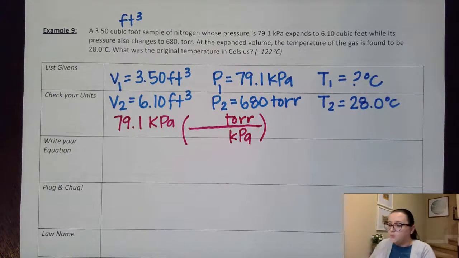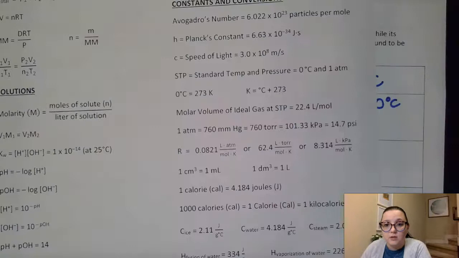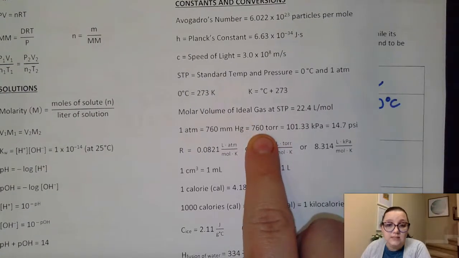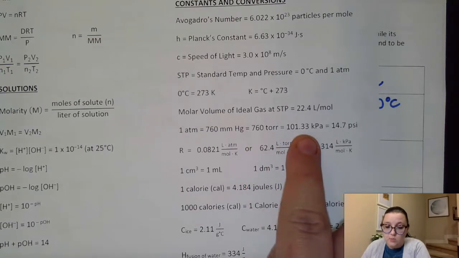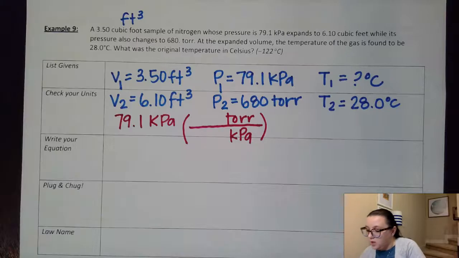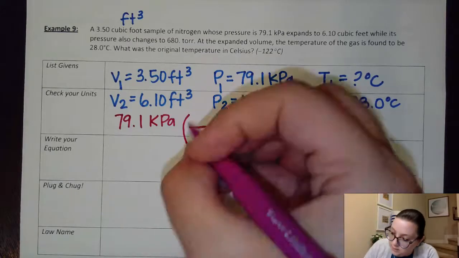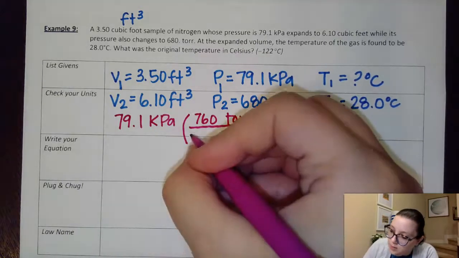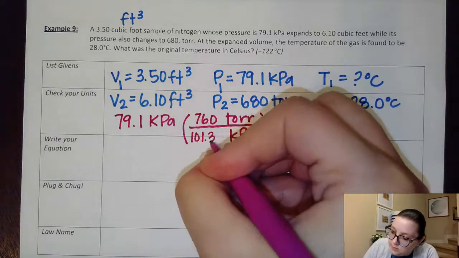So then here's where I go to my equality and look what numbers go with those units. So 760 was with torr, 101.33 was with kPa. So I just plug those in where appropriate. 760 with torr, 101.33 with kPa.